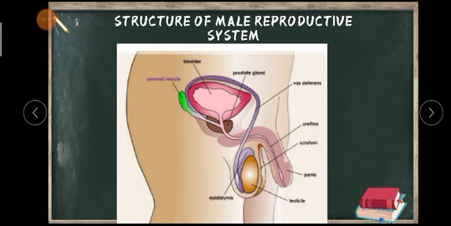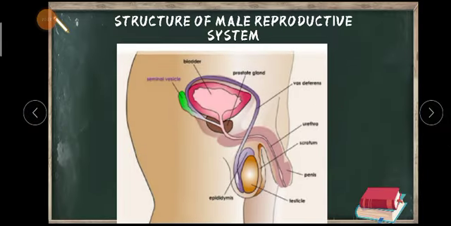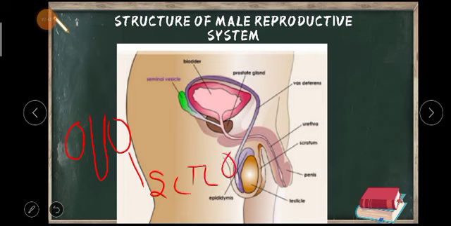Is it clear? So this is your testes, and the testes are present inside the sac called the scrotum. This scrotum is nothing but the balls. Suppose this is the penis, the balls present in a male are called the scrotum or scrotal sacs.